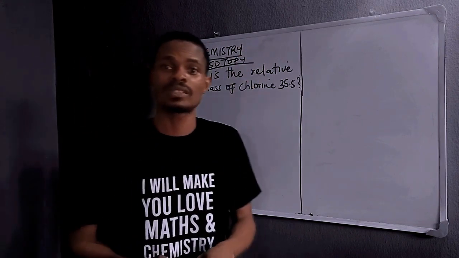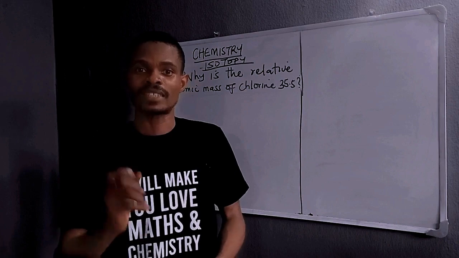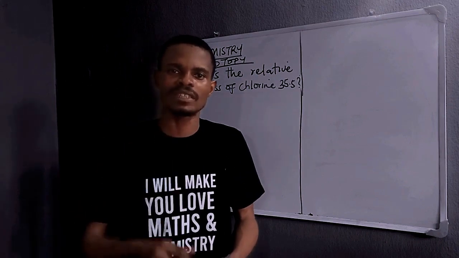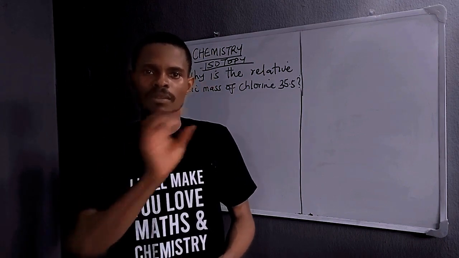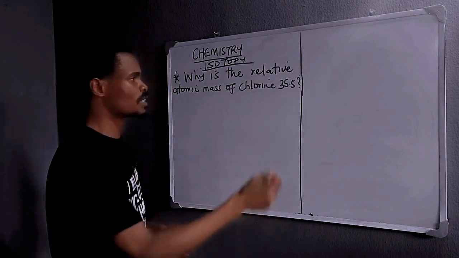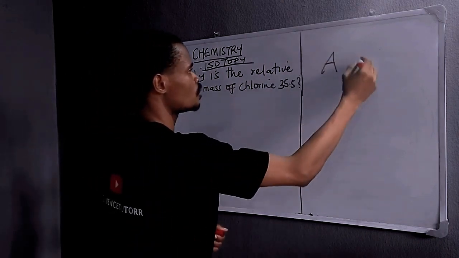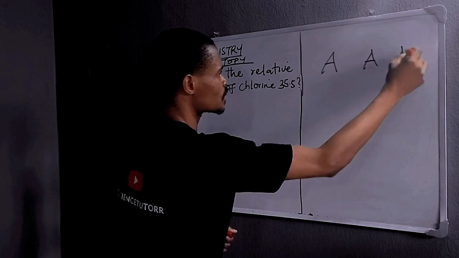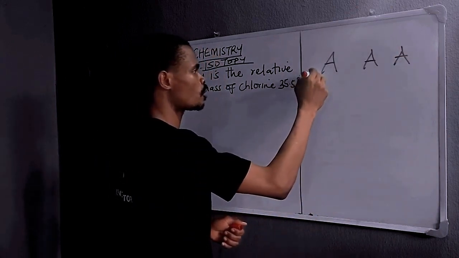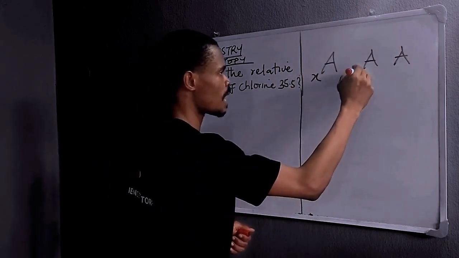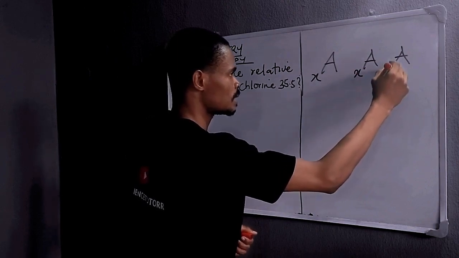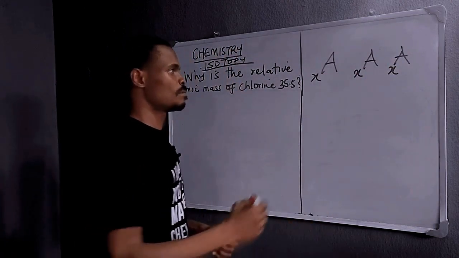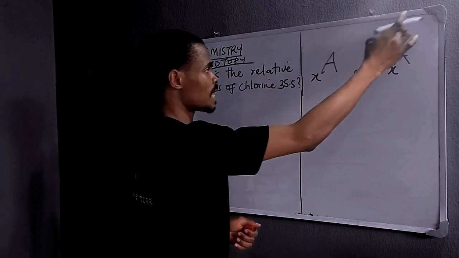Isotopy has to do with the existence of atoms having the same atomic number, but different mass numbers. For example, I have three atoms, all having atomic number x, but the mass numbers are different.